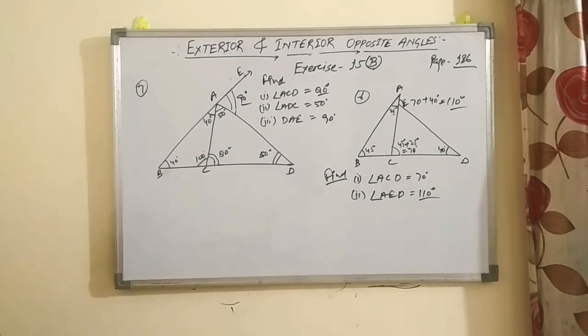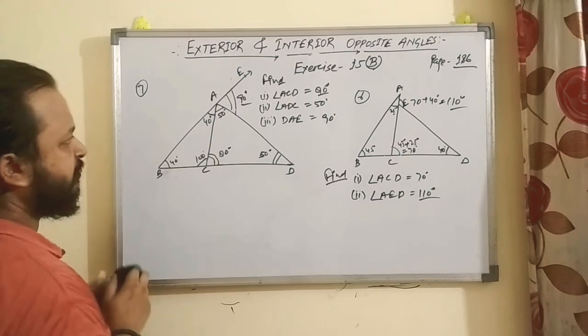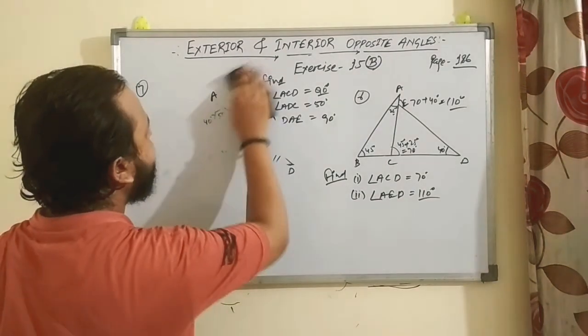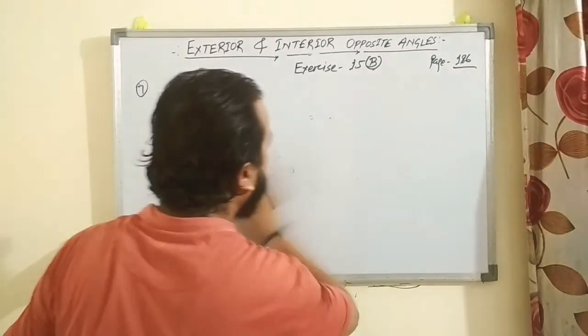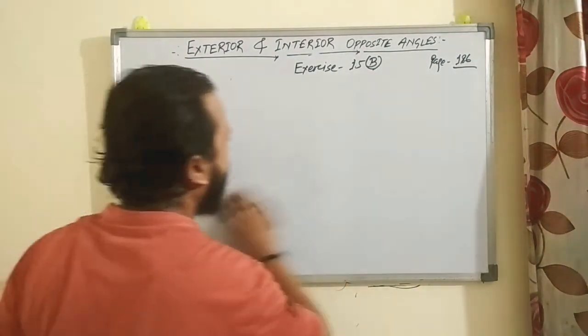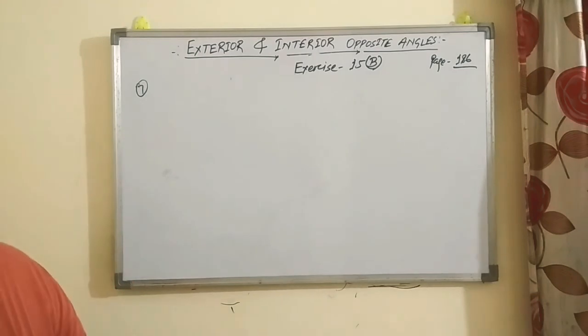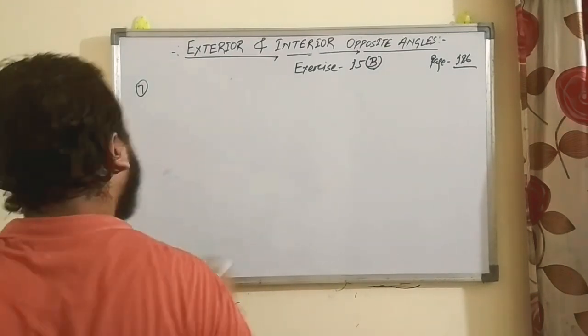Now come to question number 8 and the last. This is the last question of this exercise. So question number 8 is saying, they have given a figure.